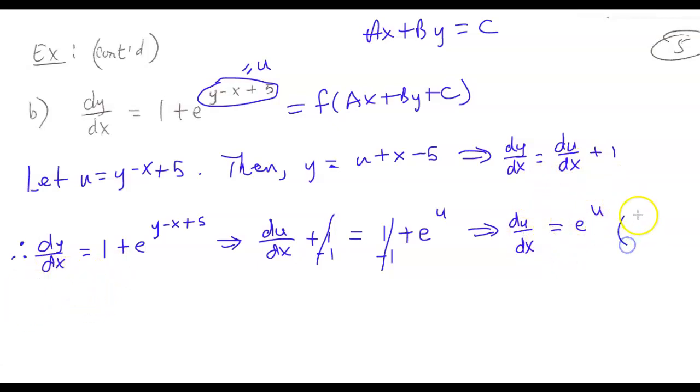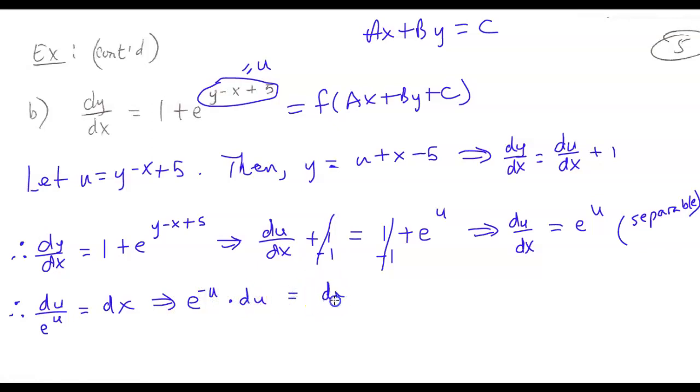You know that it's separable because I could rearrange the way that this looks so that I have everything in terms of u on one side, everything in terms of x on the other. And so in doing that, see that that's the result of that. And I can just rewrite this as e raised to the negative u times du over dx.